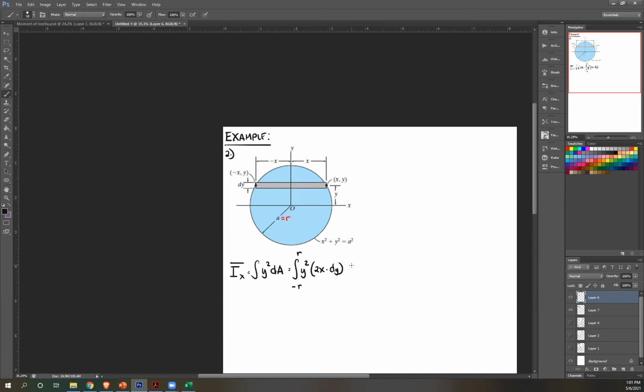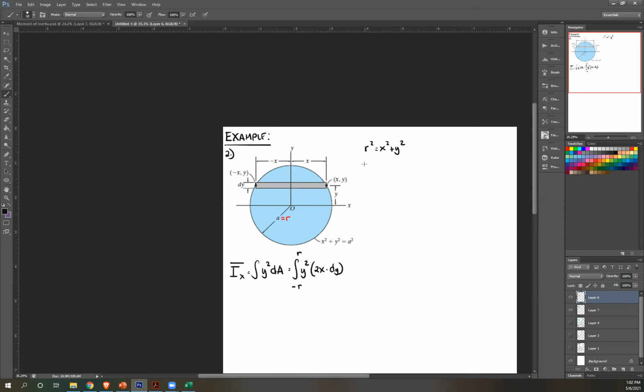Then let's solve. Now, as you can see, our differential is in terms of y, but I have a term in terms of x. So remember, for integrals, we need uniform variables. So now I need an equation for x in terms of y. And how do we get that? Well, considering this is a circle, I know the equation of a circle: r squared equals x squared plus y squared.